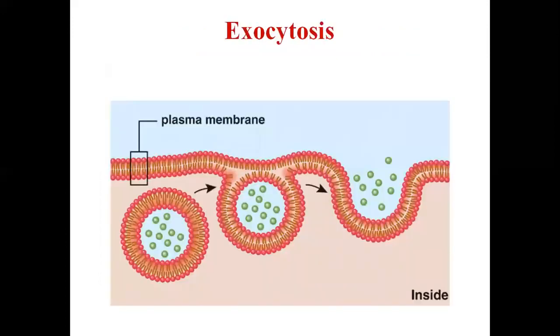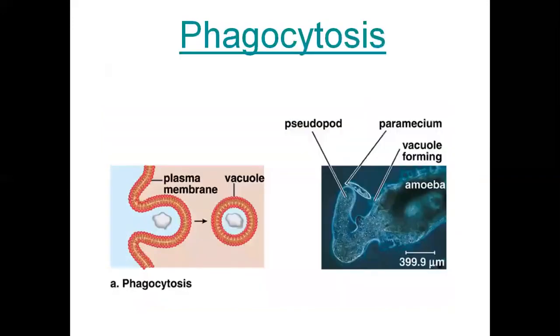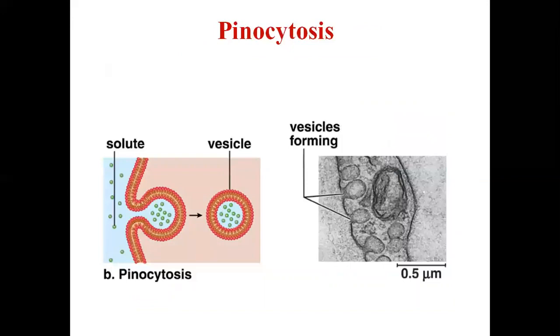You can see here the plasma membrane has a structure like this, and the outside molecule wants to get inside. In phagocytosis, the plasma membrane forms a vacuole-like structure, and the outside material gets inside this structure and enters the cell. So it forms a vacuole.